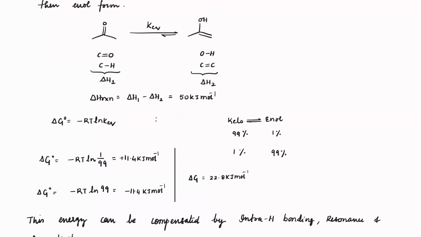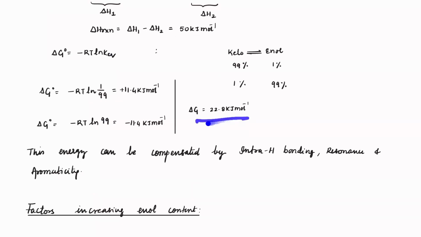So the amount of energy required to interconvert from 1 percent to 99 percent does not require a lot of energy. This energy can be compensated simply by intramolecular hydrogen bonding, resonance or aromaticity in the enol, which means if any enols are getting stabilized by hydrogen bonding, resonance factors or aromaticity, it will drastically increase the enol content.